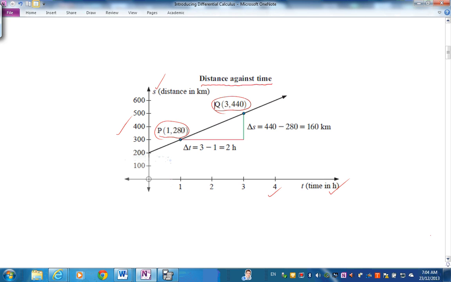It's a change in, so here's delta S. What does that mean? It implies, in mathematics, change in. This is a Greek capital delta, and we use it to mean change in.